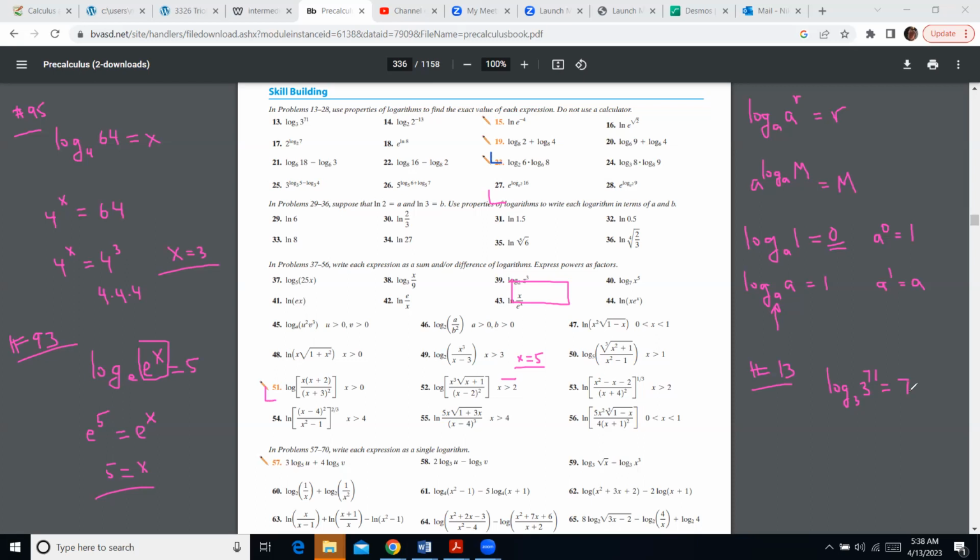And the answer is 71 because of this very first property that says cancel bases and you just get the power, just like that. And similarly, I can use the property to work out problem number 17 that says if you raise 2 to the power of logarithm base 2 of 7, then all you have is just a 7. So just left with number 7, just like that.